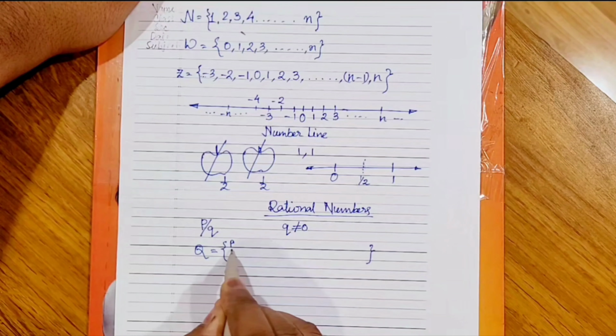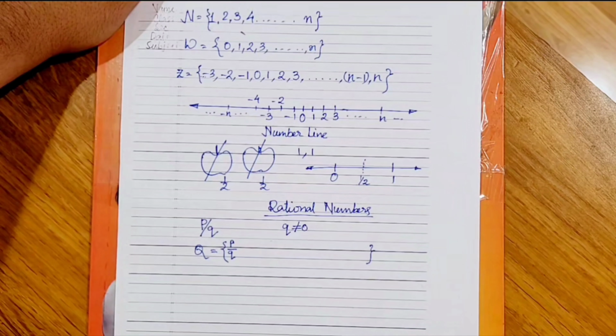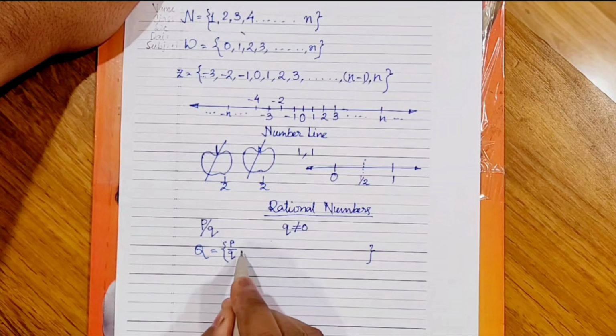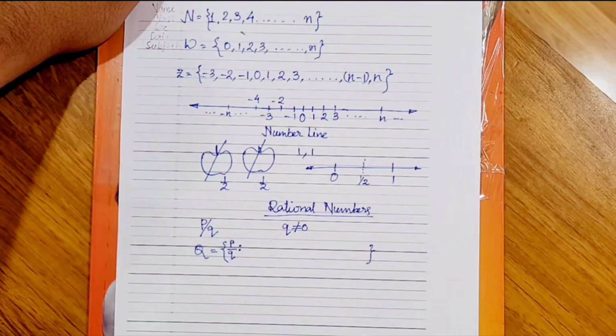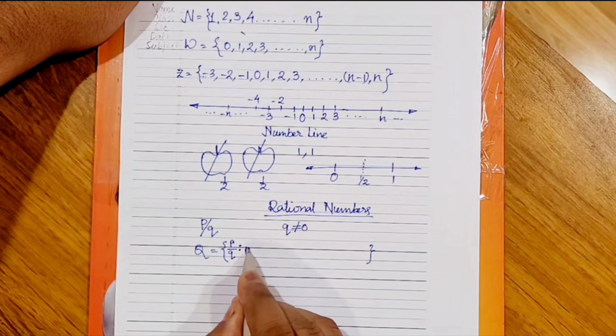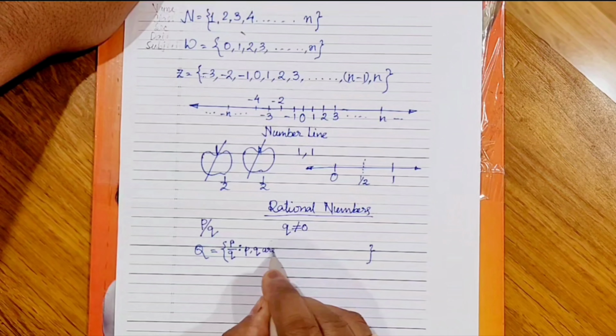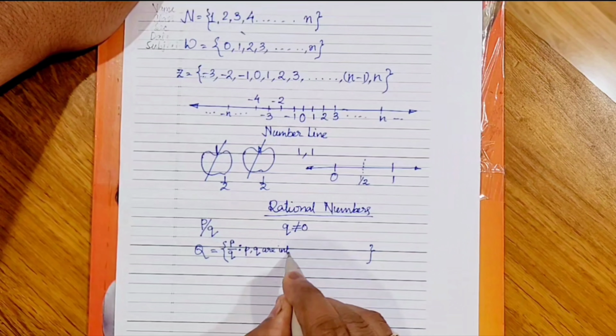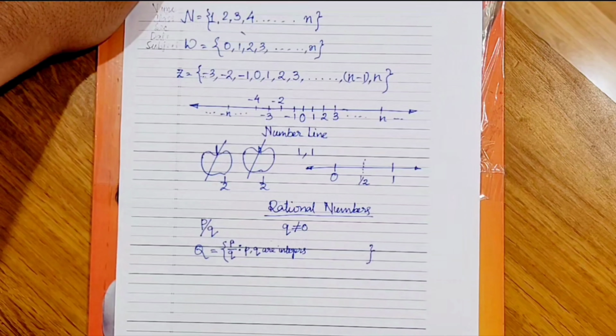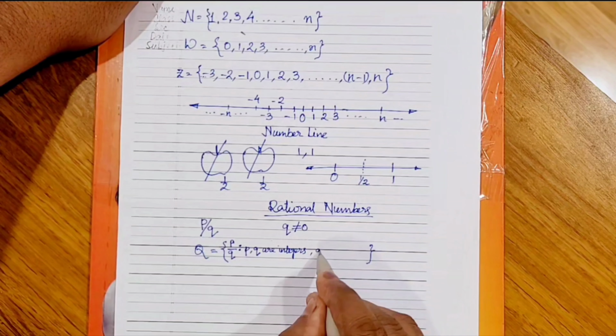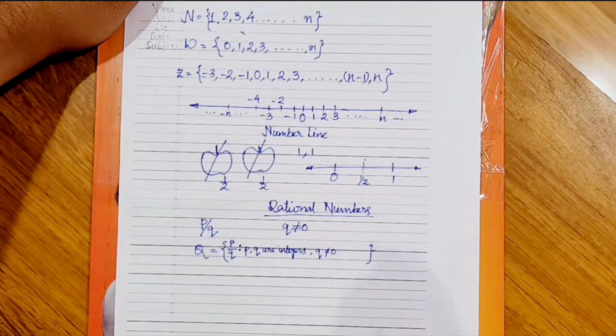So in this case, this is P by Q. Any rational number is P by Q, given that P and Q both are integers and Q is not equal to 0. So this is the mathematical way of writing the collection of rational numbers.